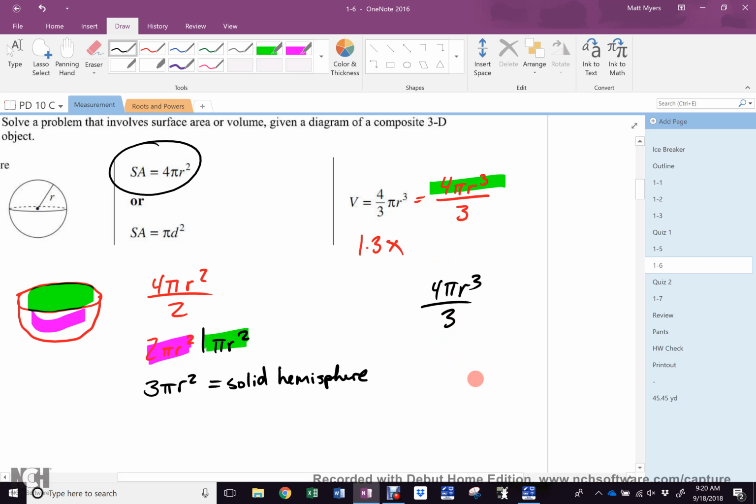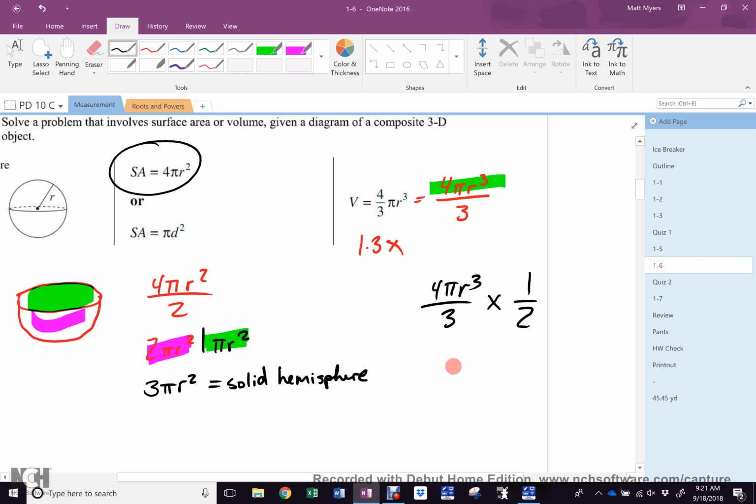Of course, dividing by 2 is the same as what? Times 1/2. What is 4 pi r cubed times 1?